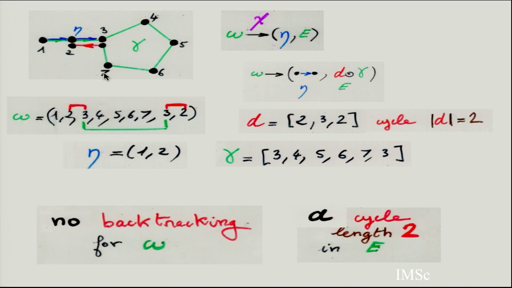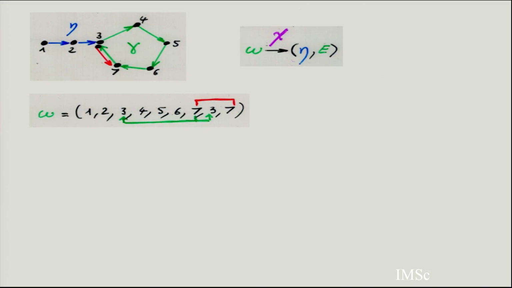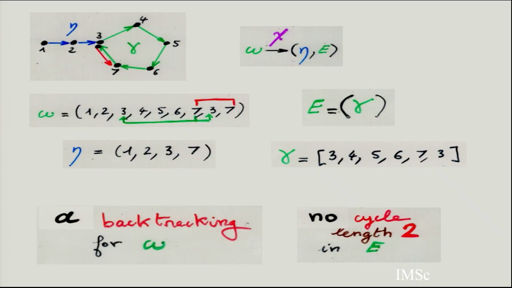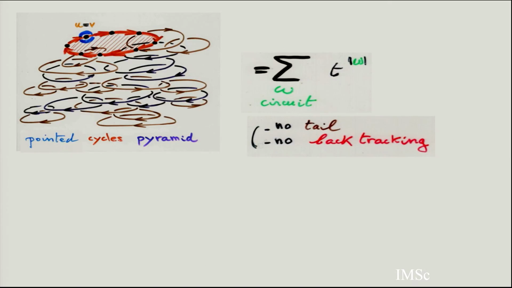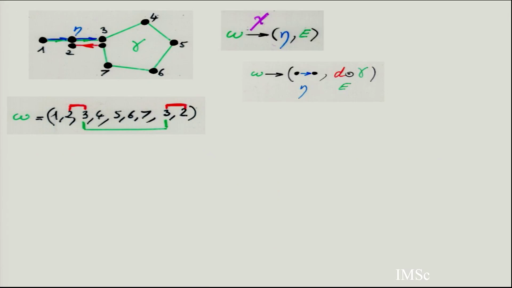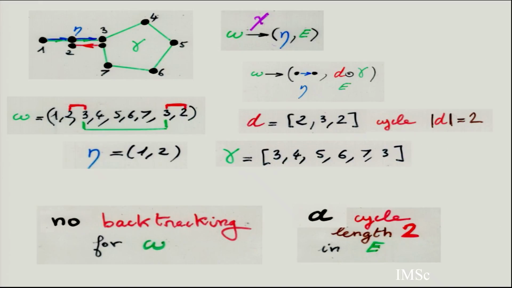Now, a second counterexample. There exists a backtracking with no cycle of length 2. But I thought omega should be closed, right? It should start and end at the same point. When it is closed, it goes back here from 2, go back to 1.